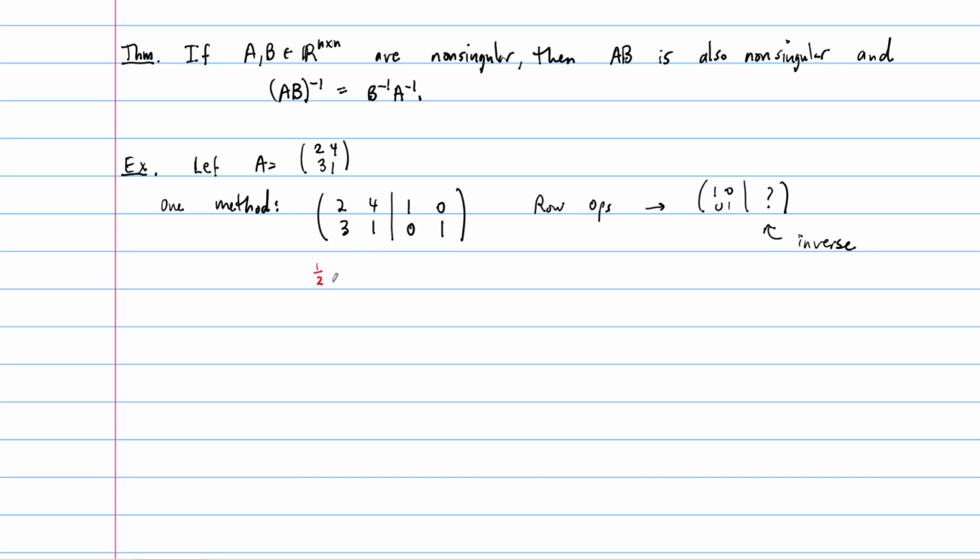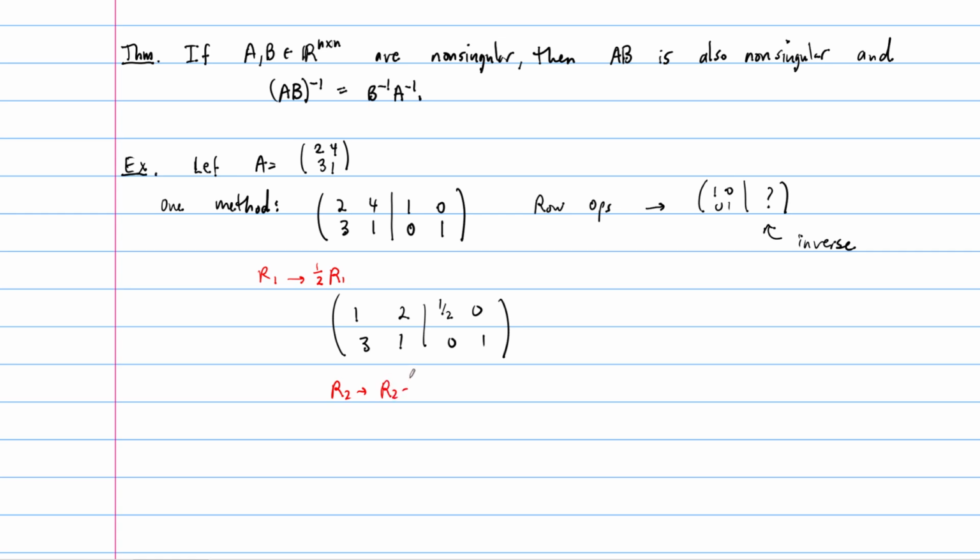I'm going to replace row 1 by 1/2 of row 1. So I guess I wrote that wrong, right? But I want to replace row 1 by 1/2 of row 1. All right, and so this will then be [1, 2 | 1/2, 0; 3, 1 | 0, 1]. Then I want to do row 2 replaced by what?